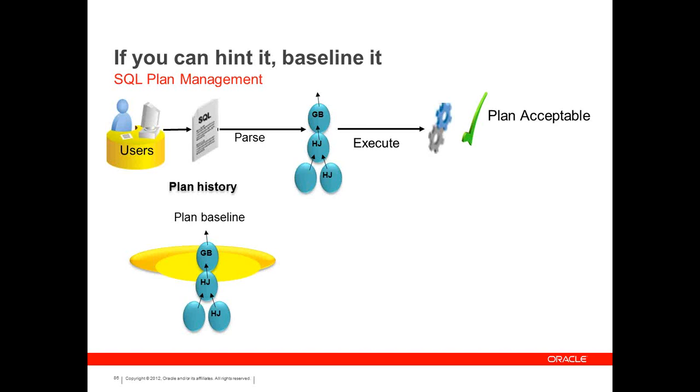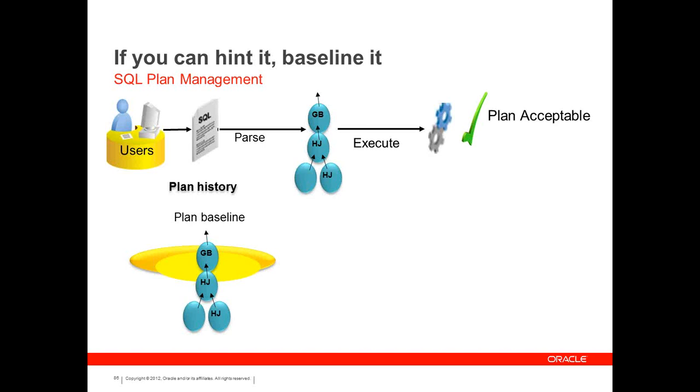If there is, it will verify that the plan it generated is one of the accepted plans for that query in the baseline. If there was a query plan in the baseline and it was accepted and it did not match the one we had generated, we wouldn't run that query we had just generated. We'd use the one from the baseline. So the baseline accepted plans override the generated plans by the optimizer.